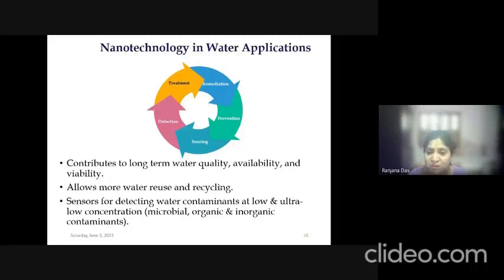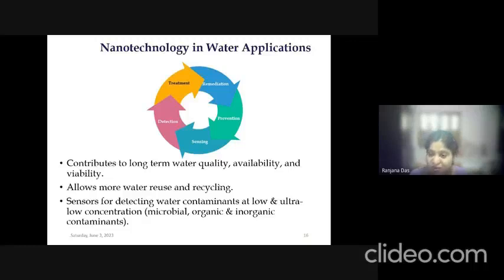Then comes the treatment. Treatment means removal or remediation of the toxins or contaminants from the water. Whenever the water is contaminated, you can treat that contaminated water with the help of nanotechnology. Then there is also preservation. Some technology can prevent the contamination of the resources.